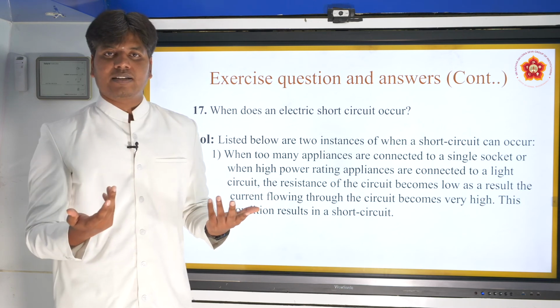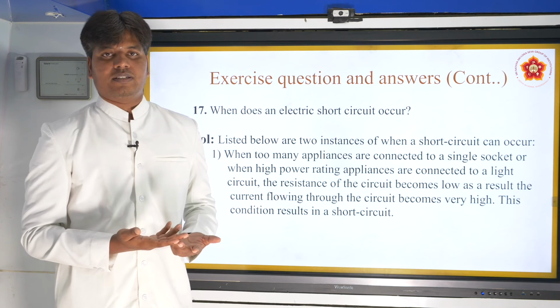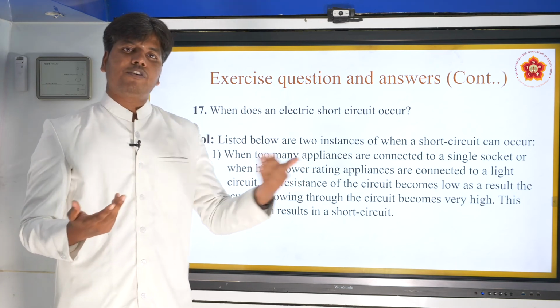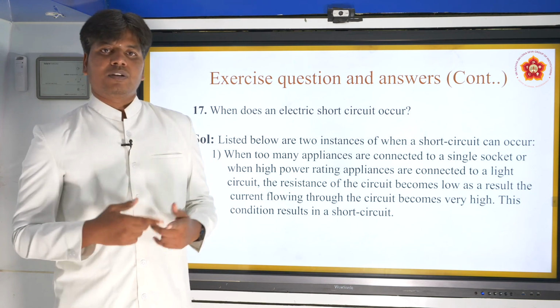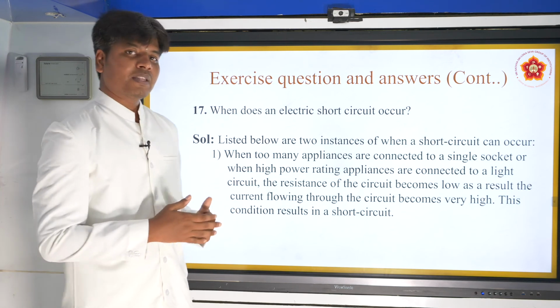So it is exceeding. When it is exceeding, what happens? It becomes low resistance because the potential difference is constant, right? Current flow will be more, and it melts. So that is also one type of short circuiting. This is one of the ways.